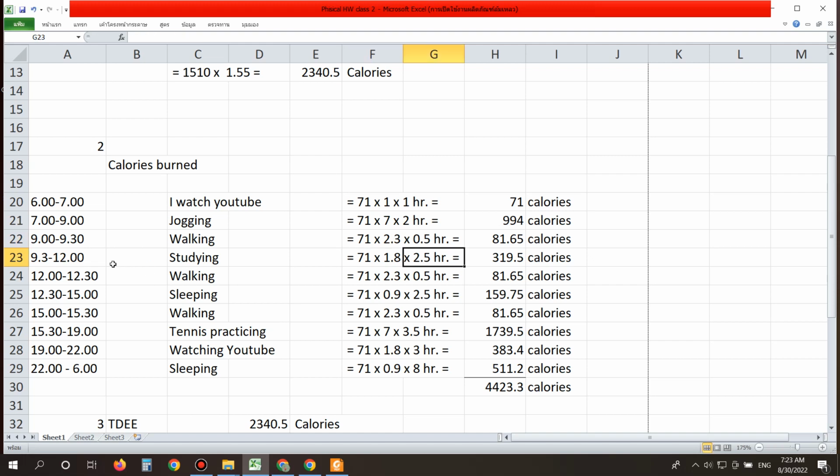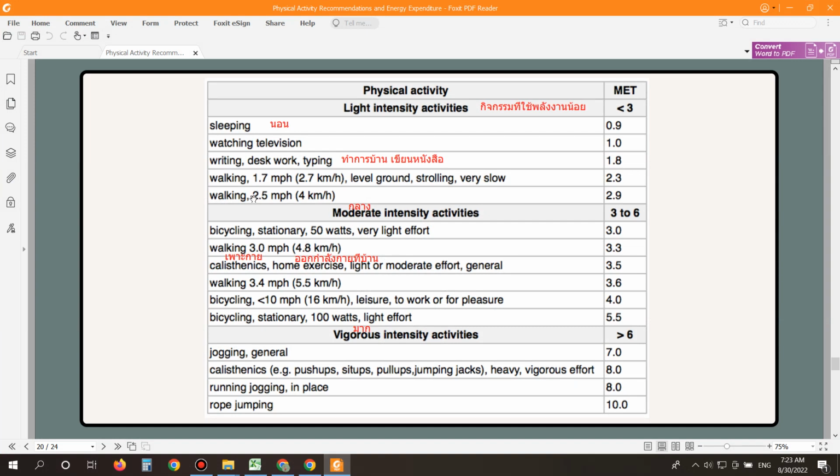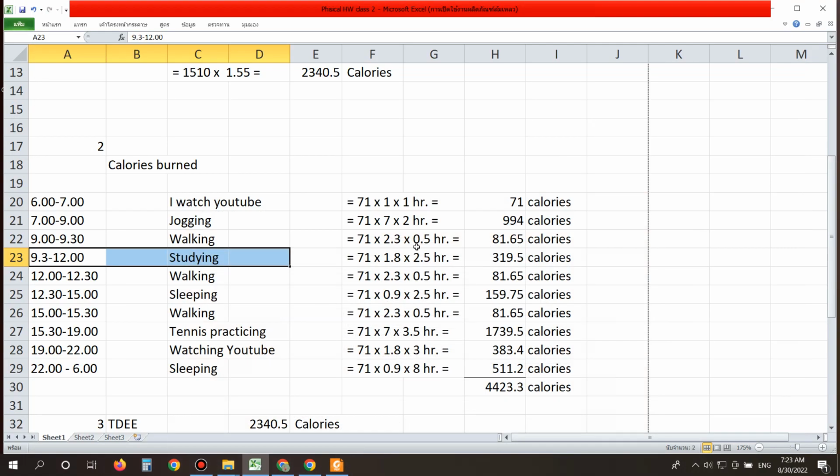Then we study. If you study, you should choose, I think, the one equal to writing, desk, and typing, 1.8. I study for 2.5 hours.